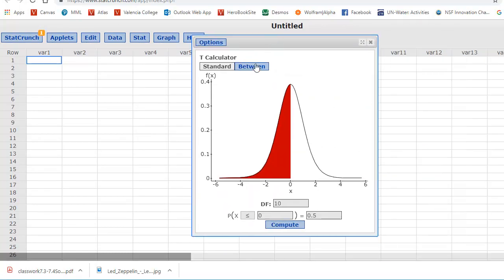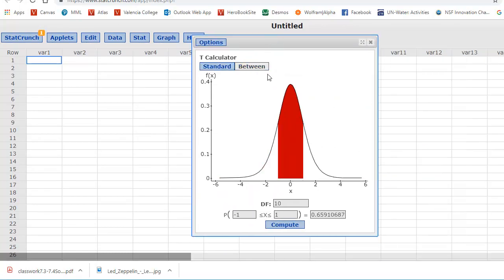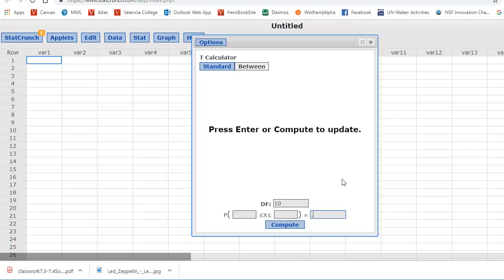In this case, I'm looking at two tails, so I have to click between. The weird thing about this approach is that I'm looking for what's in the right tail. We had alpha being 0.10 in the outer tails, so what I want is 0.90 between the two values. I want 90% of the area between my two values.